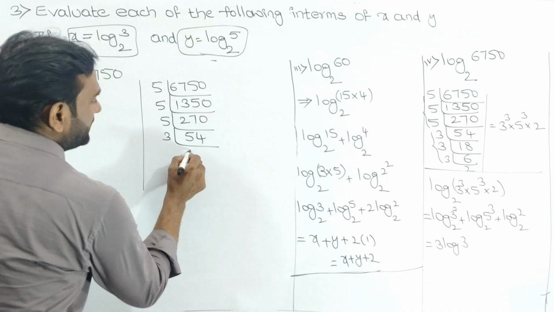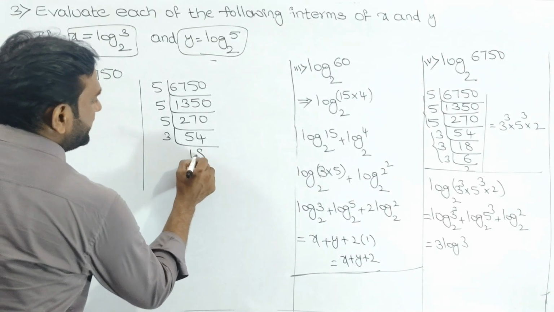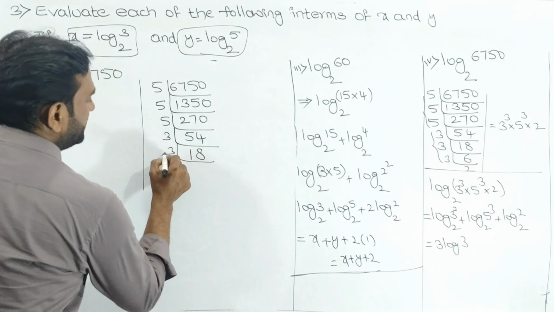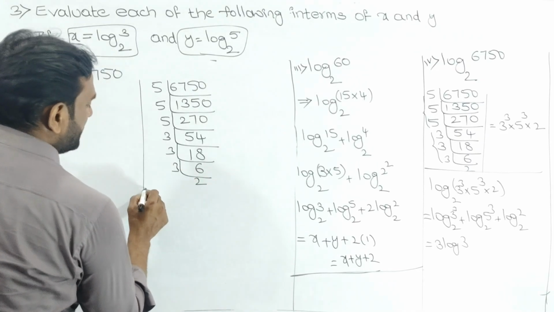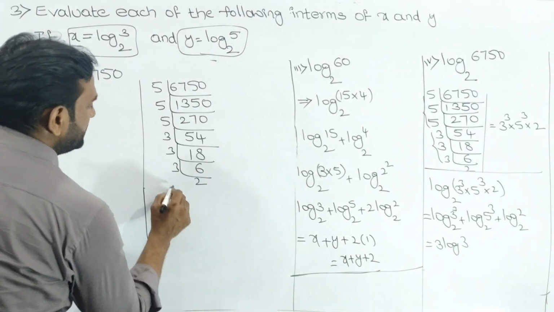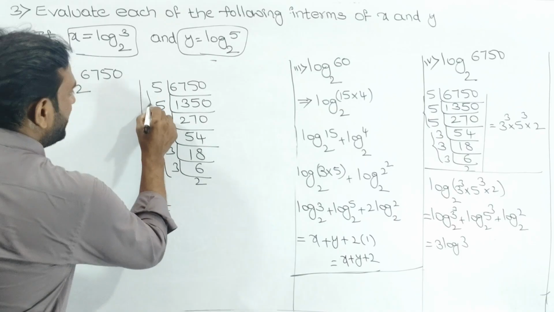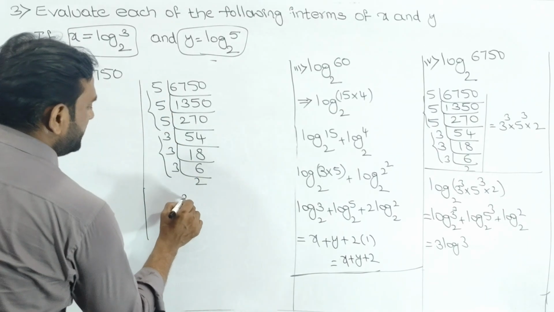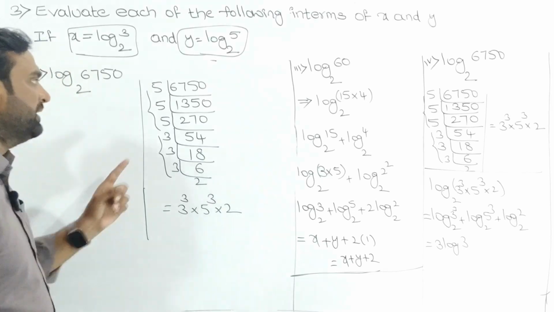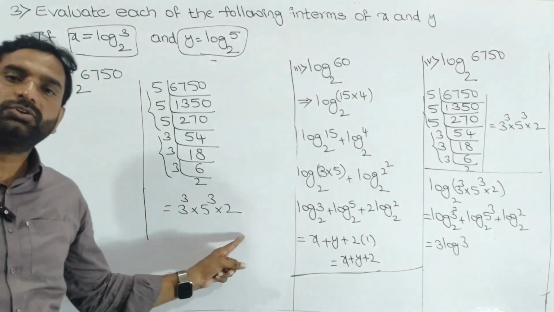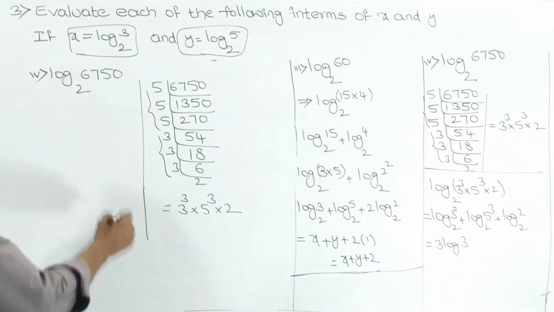Divide with 3, 3 1s are 3, 24 remaining, 3 8s are, 3 6s are 18, 3 2s are. Totally we got 3s are 3, 5s are 3. 3 cube into 5 cube into 2. 6750 is nothing but 3 cube into 5 cube into 2.